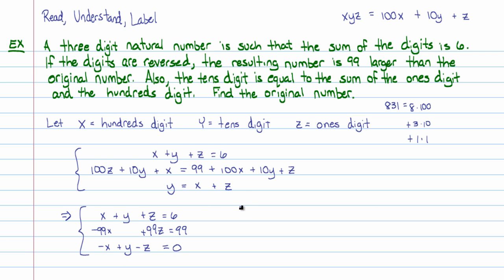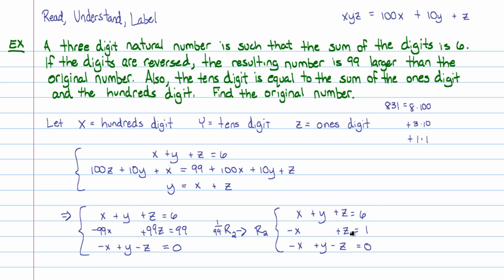I can also clean this up by dividing the middle equation by 99, so I multiply row 2 by 1/99 to become the new row 2. I'll rewrite X plus Y plus Z equals 6, and then negative X plus Z equals 1. It just makes it nice, that's all.